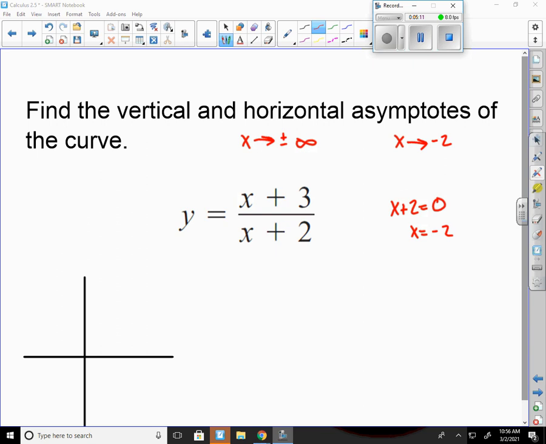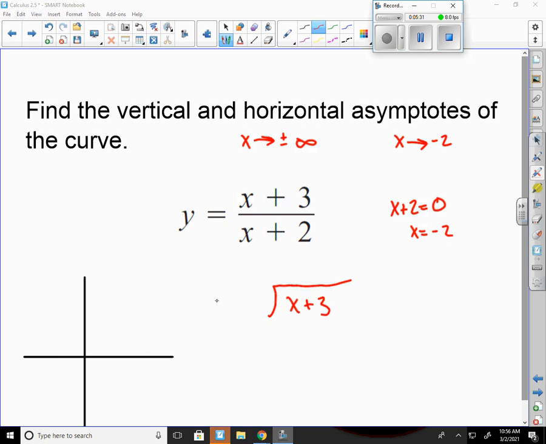So the easiest way to do this would be to go back to Algebra 2 and rewrite our rational function as a polynomial function. It's a rational function because it's a function divided by a function, and rewrite it using long division.